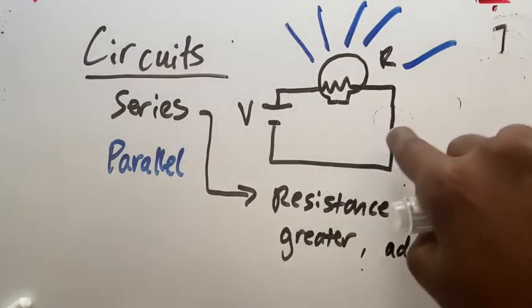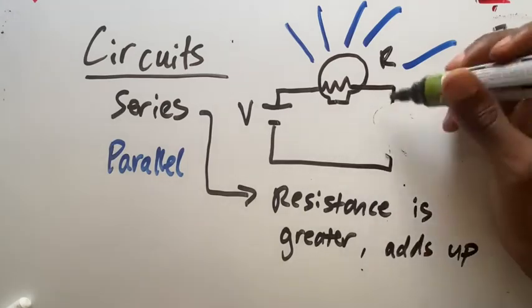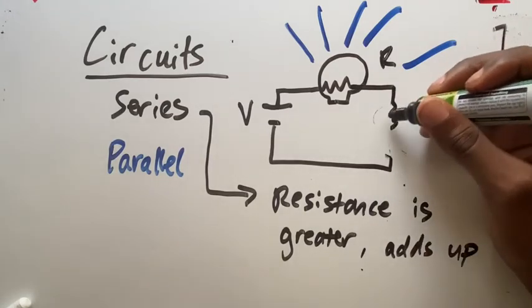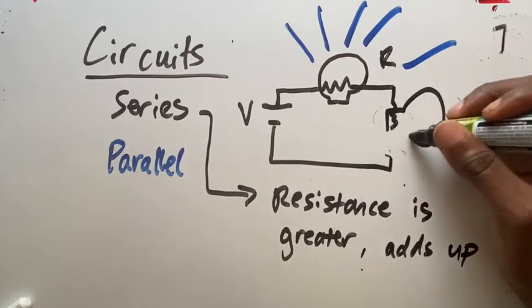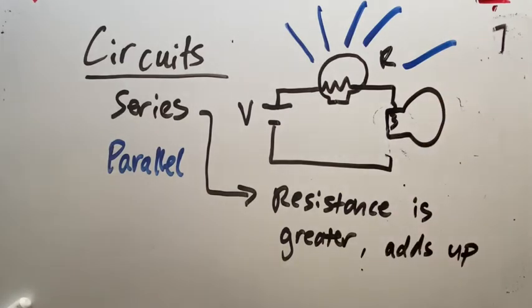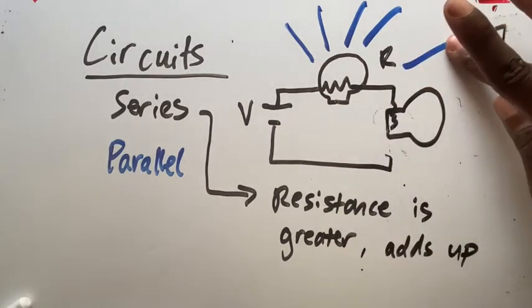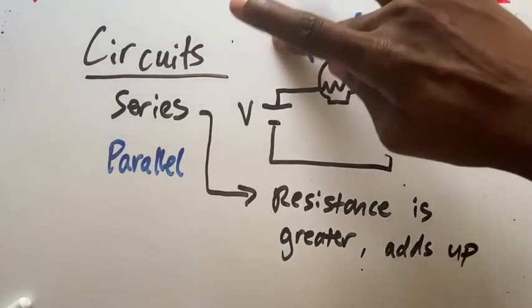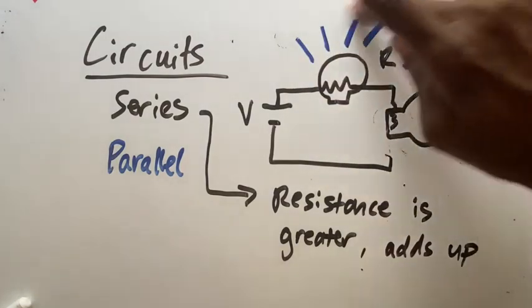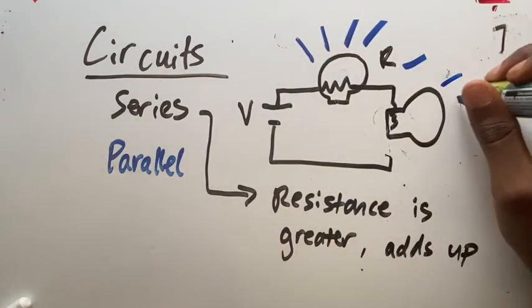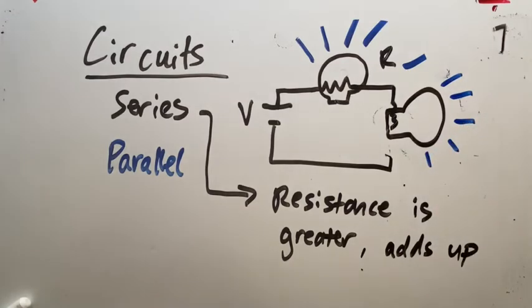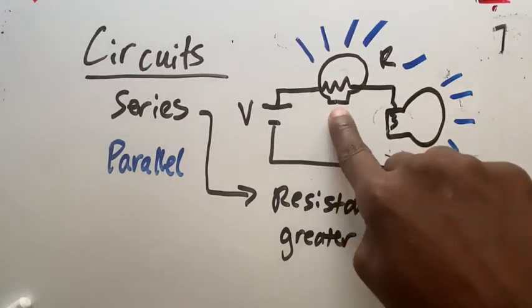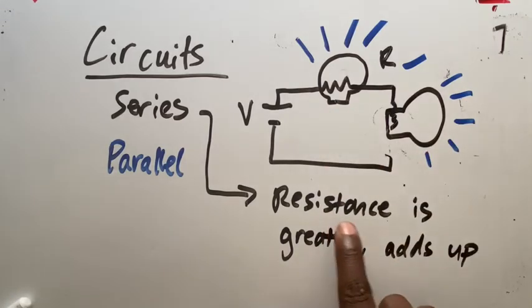Well, if I add that same light bulb over here, if I add another one, then this light bulb is not going to shine as bright. It's going to shine a little bit less, and so is this one, because there's a greater resistance now.